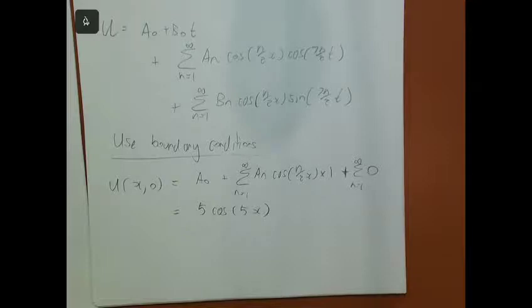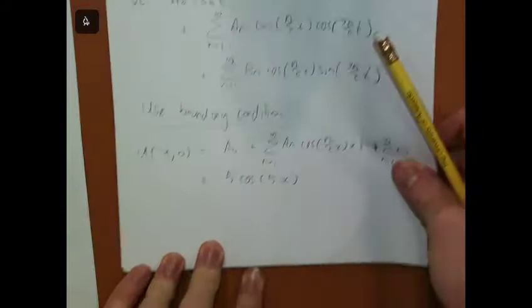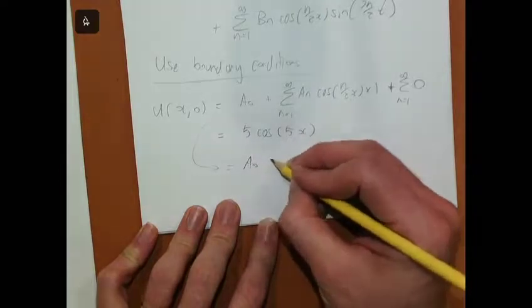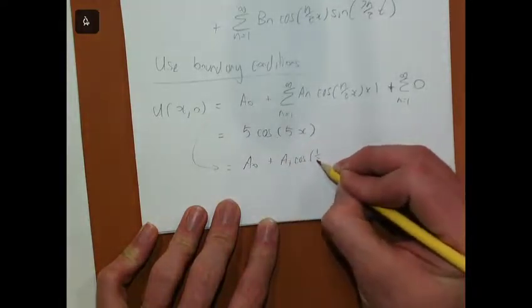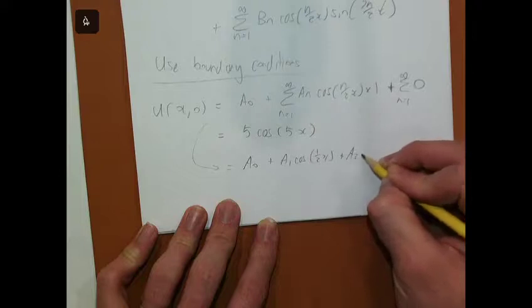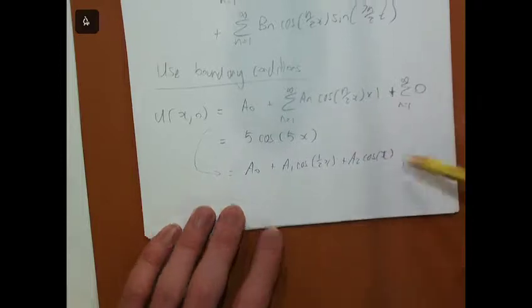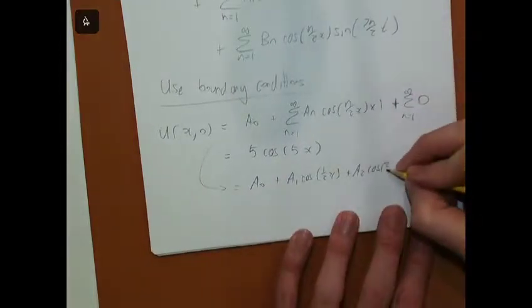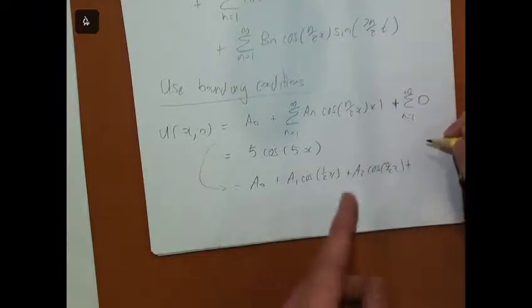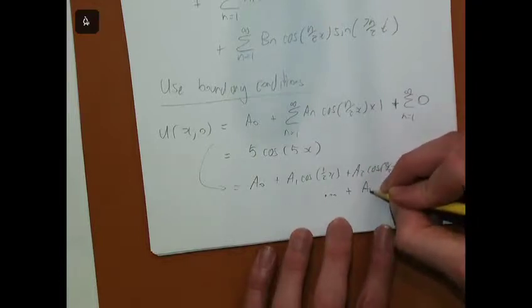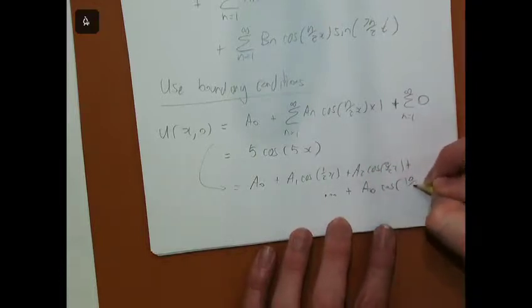Well, we're just going to equate the coefficients of cos n on 2x. Some people will do this in the following way: a0, a1 cos a half of x, plus a2 cos 2 on 2x, plus, and keep going until they find this one, a10 cos 10 on 2x.